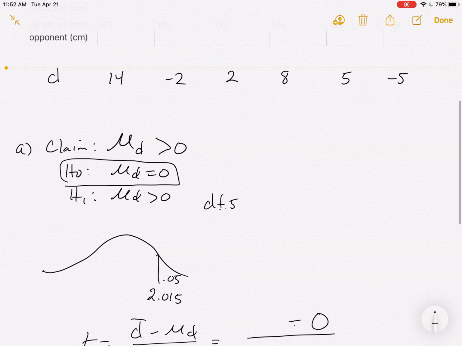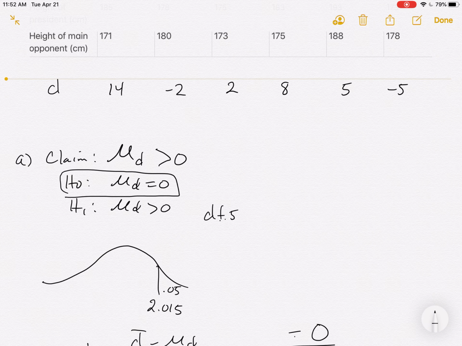We need to get d bar. Well, those are our d's. Those are our 6 d's. Well, you know how to get d bar. Here's your side work. d bar is equal to the sum of the d's divided by n, or some number divided by 6.